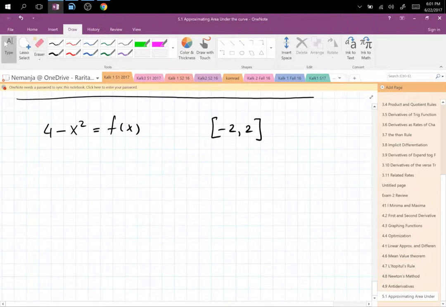Create delta x, create xi, and then... Can you also do it from 0 to 2 and then double? Yes, because it's symmetric. We don't learn those formulas in 5.3 or something like that, but yeah.